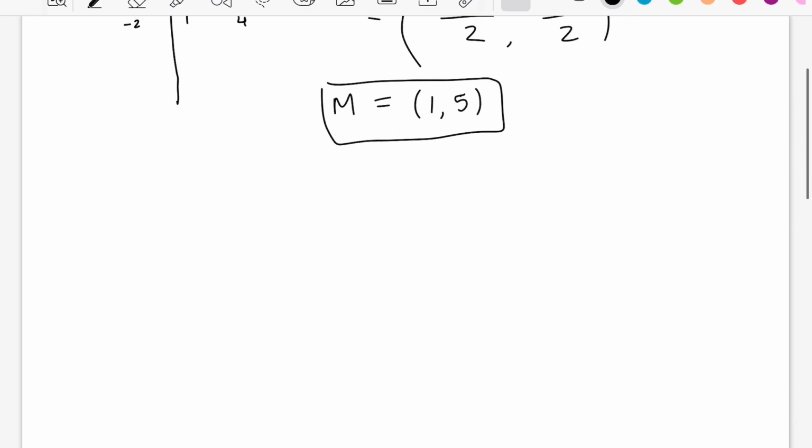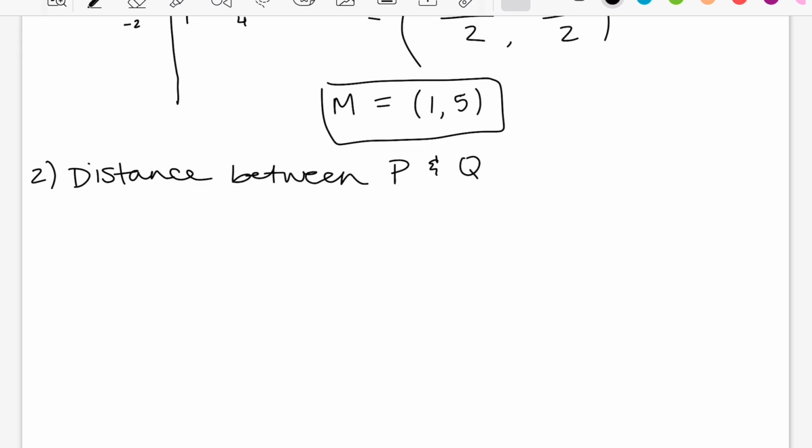Now we're also going to talk about finding the distance between these 2 points. And we'll just use the same P and Q values from above. So if we wanted to find the distance between these 2 points, we'll use our distance formula, which is the following.